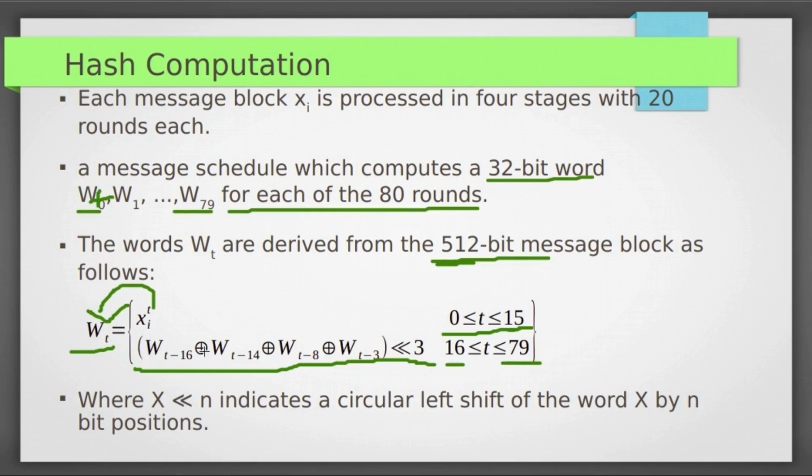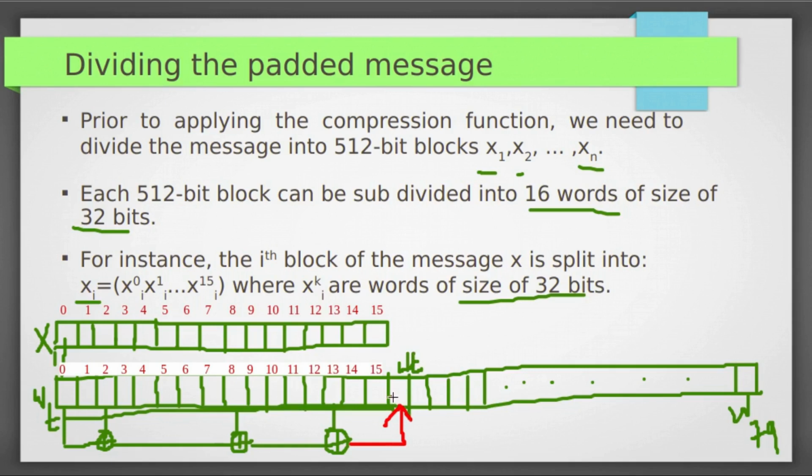W t minus 16 XORed with W t minus 14 XORed with W t minus 8 XORed with W t minus 3. To compute W16, we need to find W16 minus 16, that will be this word, and W16 minus 14, that will be this word, W16 minus 8, it will be this, W16 minus 3, it will be this one. We need to XOR these 4 words.